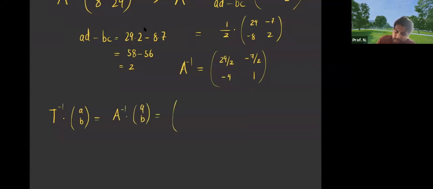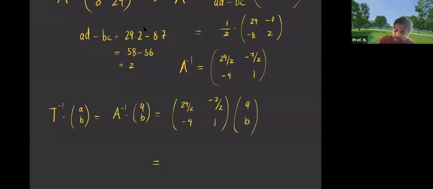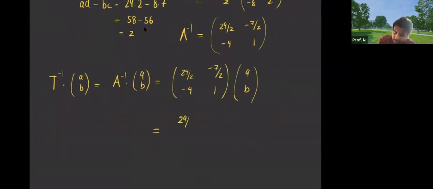I multiply that matrix by AB, which results in 29 over 2 A minus 7/2 B, -4A plus B. That's what T inverse does.